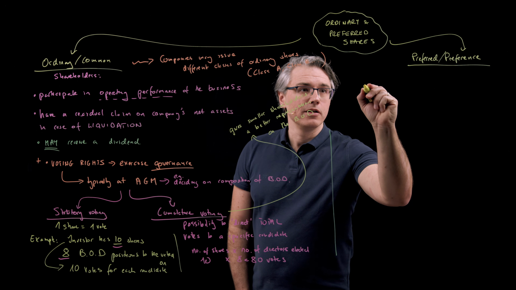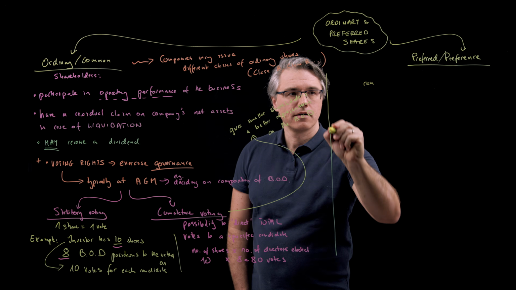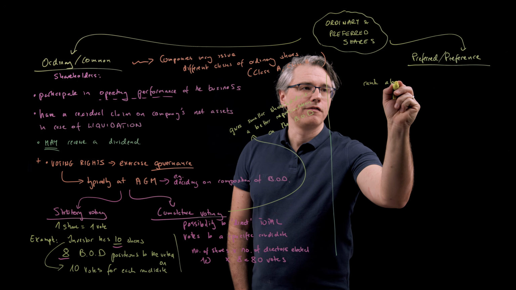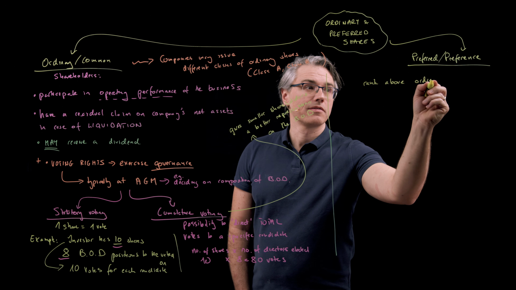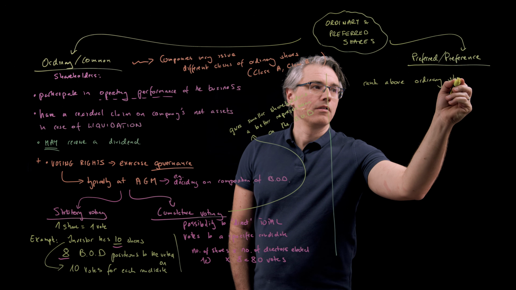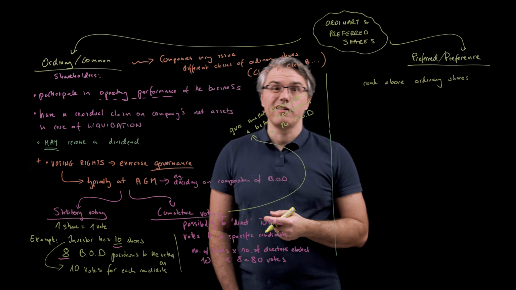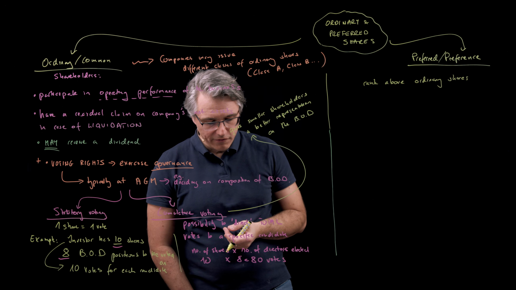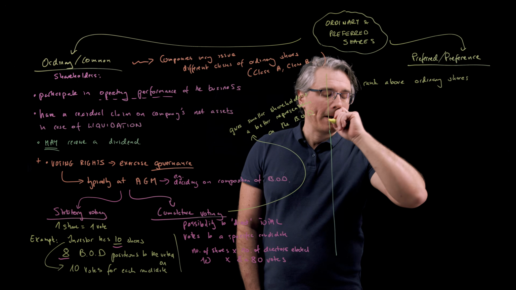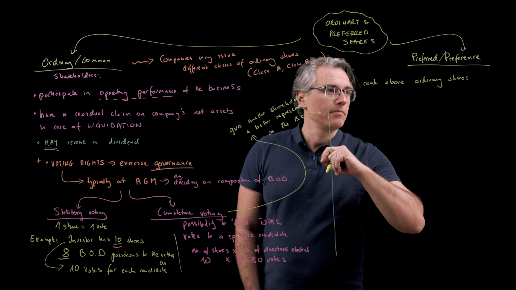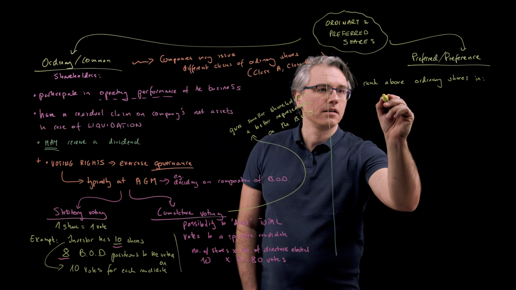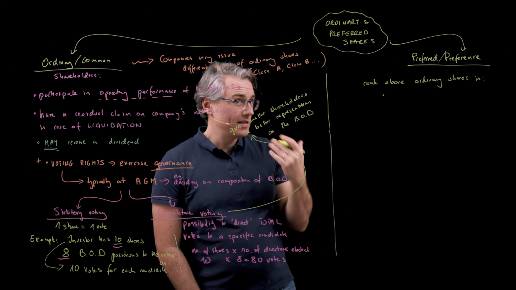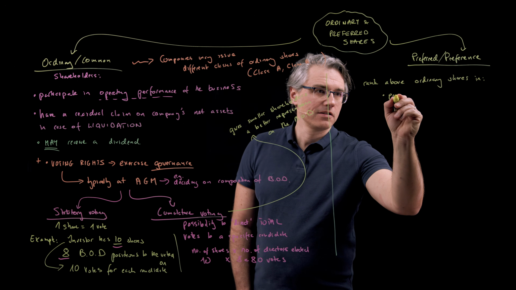Well, for one, they rank above the ordinary shares, or shareholders holding preferred or preference shares rank above ordinary shares when it comes to the receipt of a dividend or payment of a dividend.